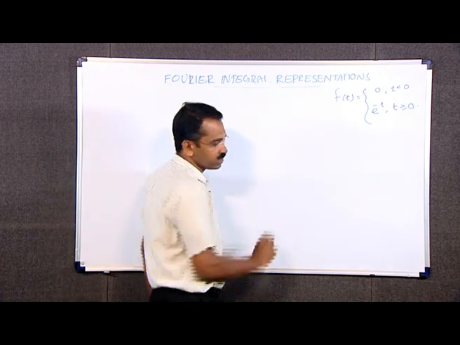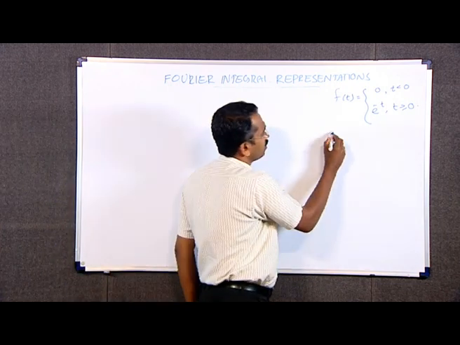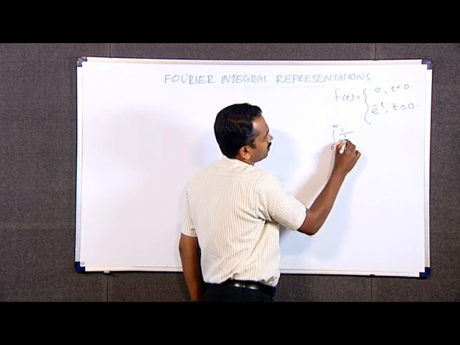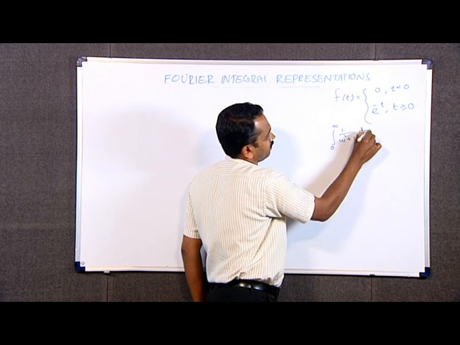Hence, evaluate integral from 0 to infinity 1 by omega square plus 1 d omega.